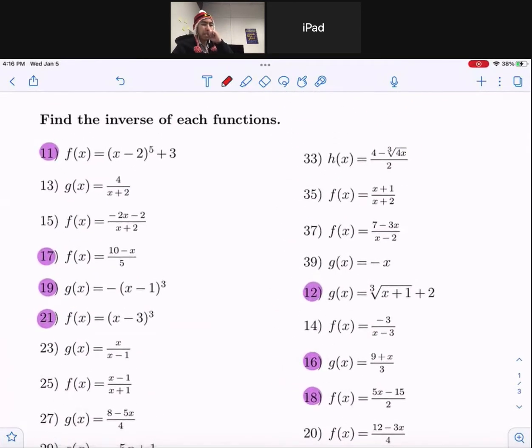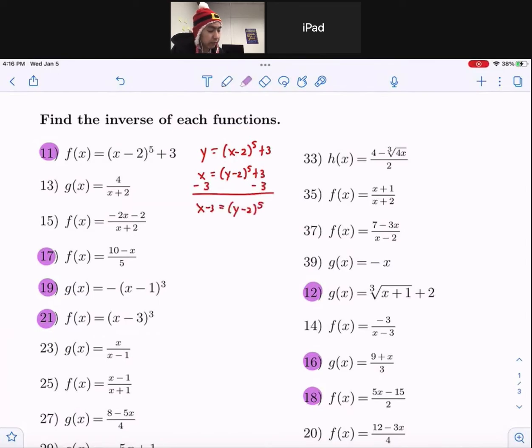Okay, let's look at 11. We just have to find the inverse function. Set it equal to y. Switch the variables. And now solve for y. Subtract 3 from both sides.